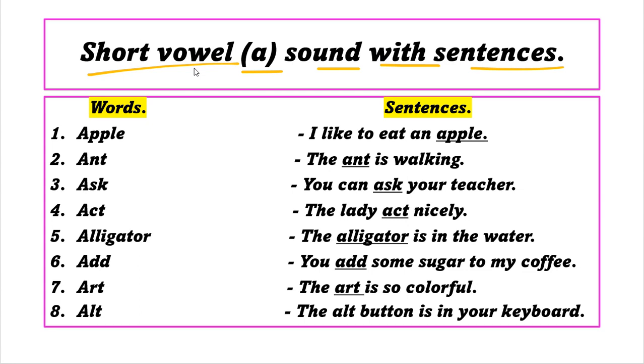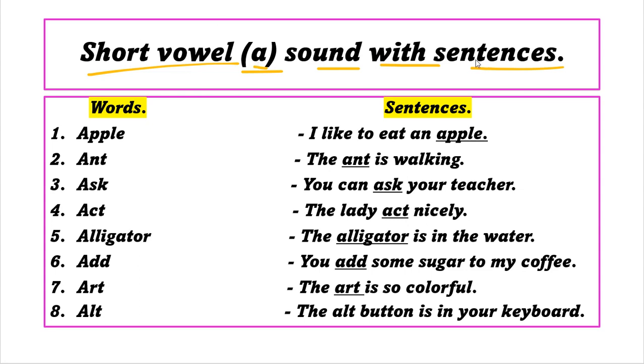Then we have E, and the short vowel is E. We have I, so the short vowel is I, if you remember. Then O, the short vowel is O, and U, the short vowel is U. So A, E, I, O, U. That is the basic.